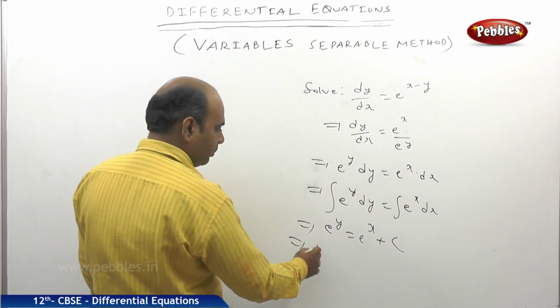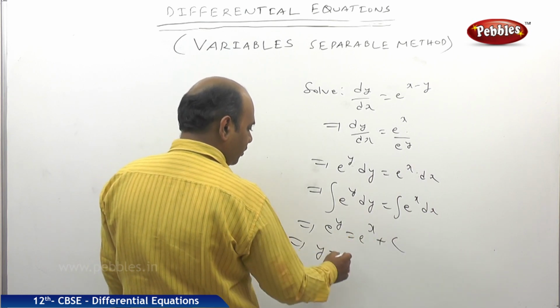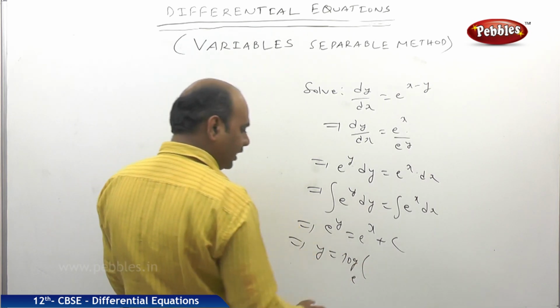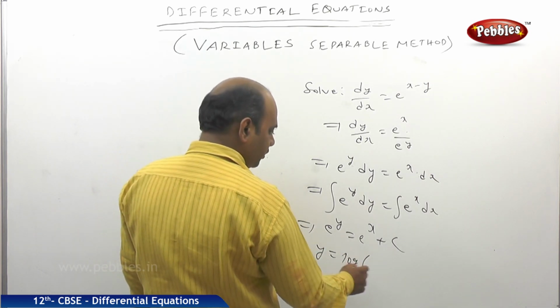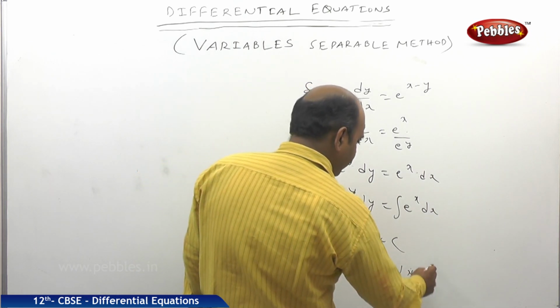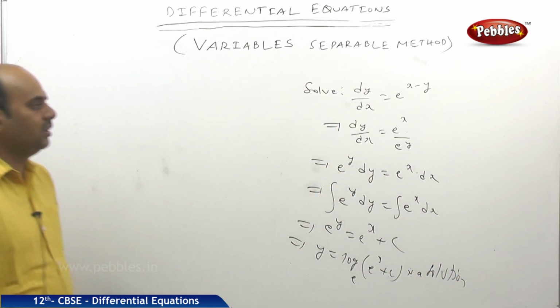So finally e power y is equal to e power x plus c. So y is equal to log, here the natural logarithm, so I will write base e, log of e power x plus c, is the solution to the given differential equation.